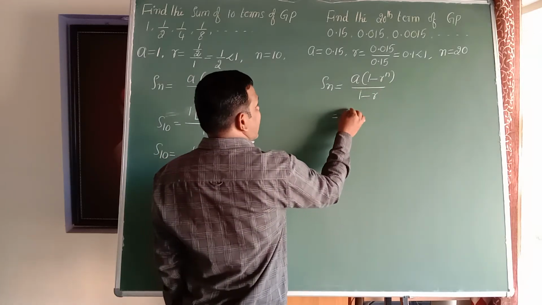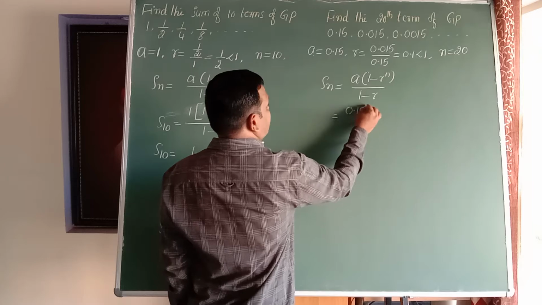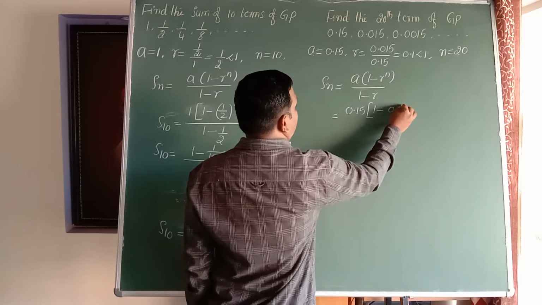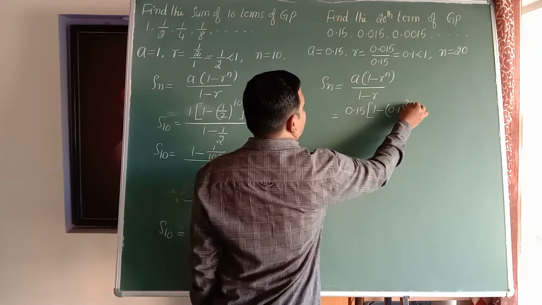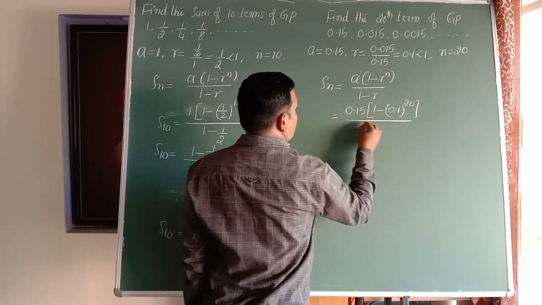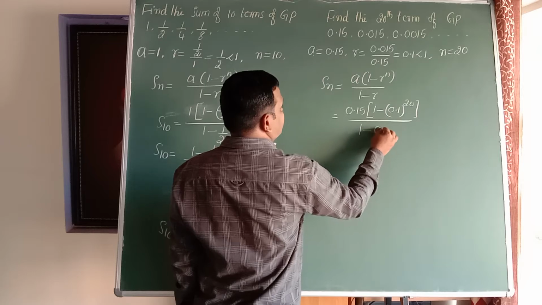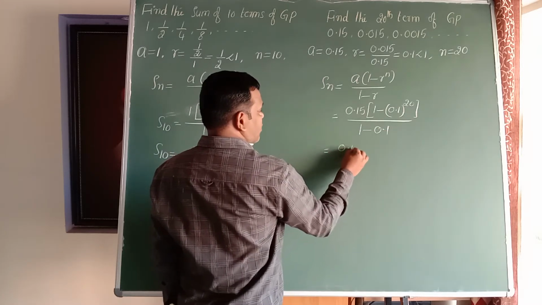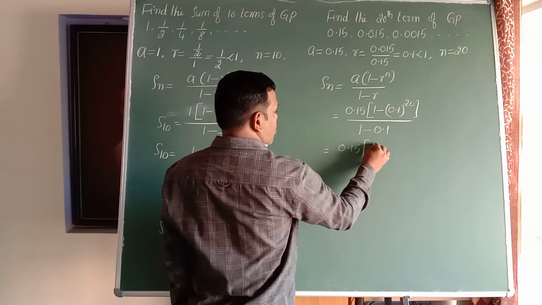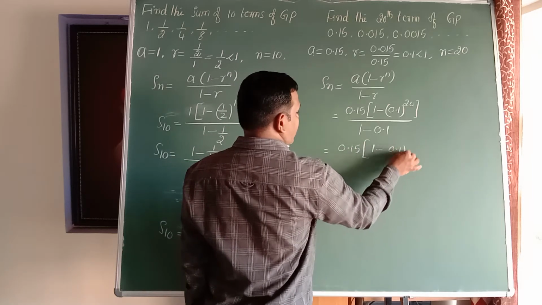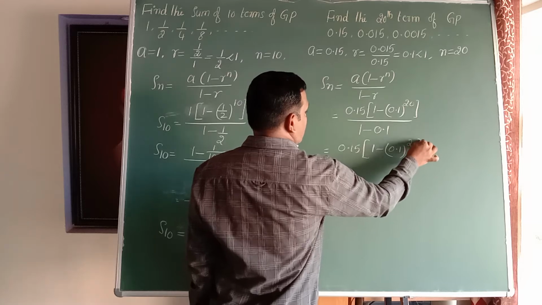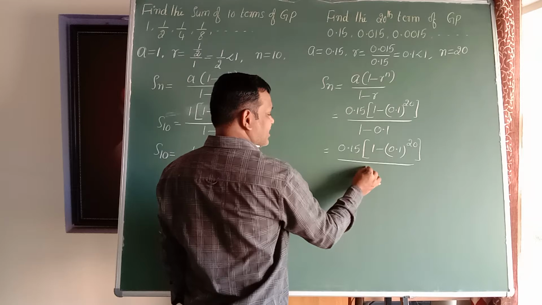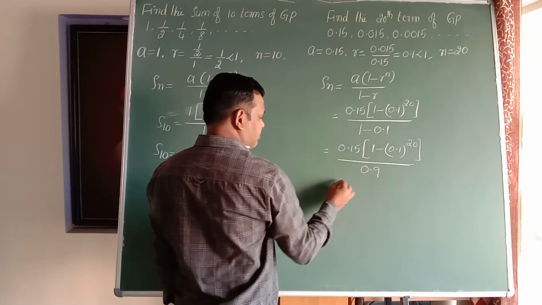Look at me. a is 0.15 into 1 minus r, which is 0.1, whole power 20, whole divided by 1 minus 0.1, which is nothing but 0.9.